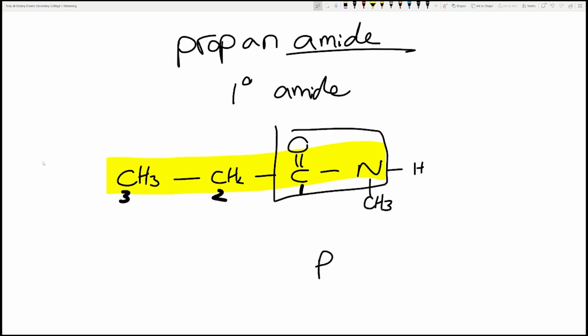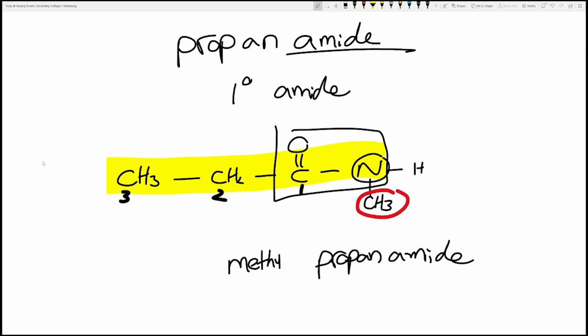So it's still propanamide, because that's the most important part of this molecule. But then I have this CH3 lying around. This is a methyl group, because it's discontinued from the chain. Because this is a nitrogen, not a carbon, the CH3 is a branch. It's just 1 carbon, so this is methyl.